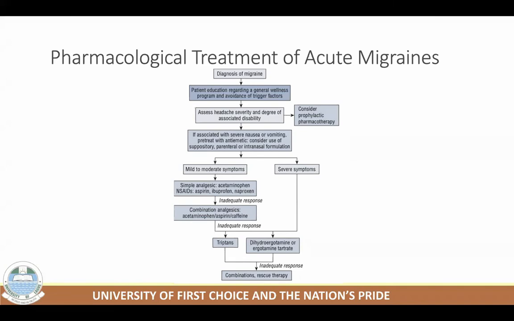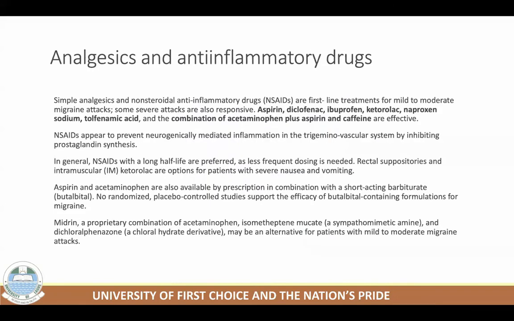Dihydroergotamine is better absorbed, and it's well tolerated by a number of patients. And if that's not effective, then you look at a combination of NSAIDs with triptans or NSAIDs with dihydroergotamine, or a combination along the tree, at low doses, and then scaled up gradually to get effective treatment for the patient.